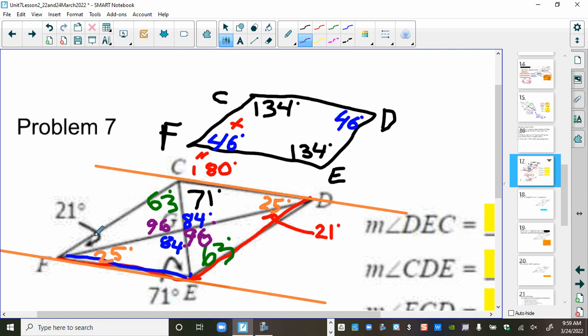Okay, I know that the sum of my angles inside the triangle has to add up to 180. I also know that from the parallelogram, if my overall big angle is, for instance, 134, then I know my smaller parts.